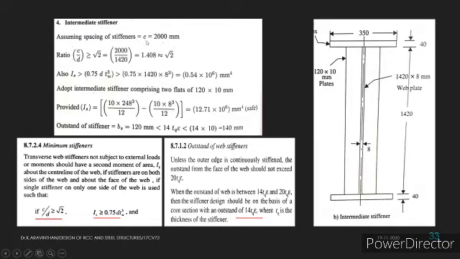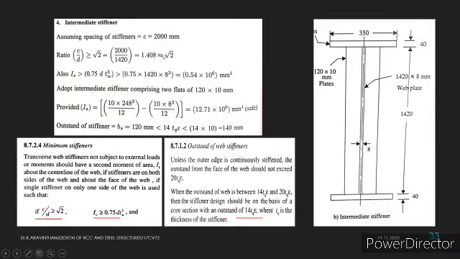Assuming the spacing of stiffener C is 2000 mm, which we have already done. Now the minimum stiffener condition: the ratio C by D should be greater than or equal to root 2. What we have is 1.4, which is nearly equal to root 2.